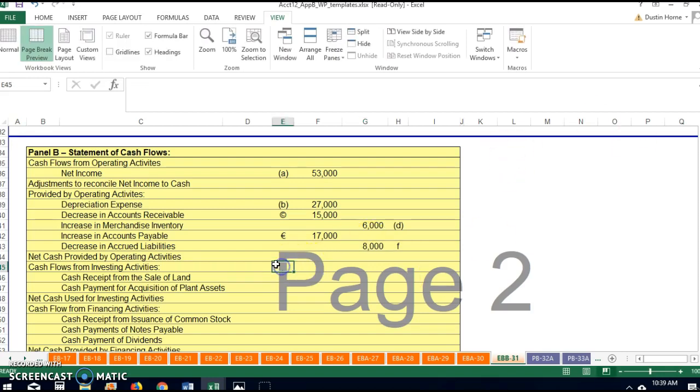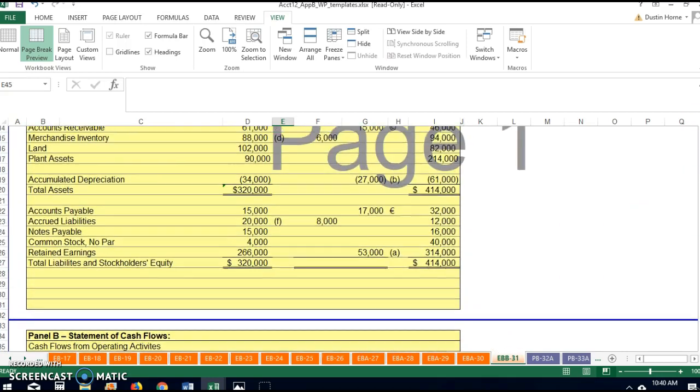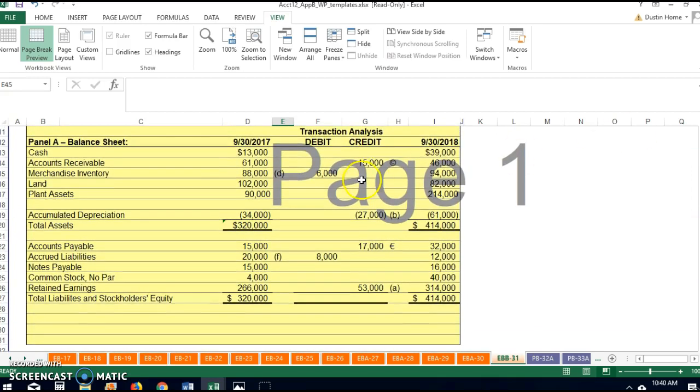Okay, so there's that. Now we have cash flows from investing activities. We have cash receipt from the sale of land and cash payment of plant assets. So let's look at those quickly. And if we look at our land, we notice that land we sold, and then we sold for $20,000, and then we bought land.